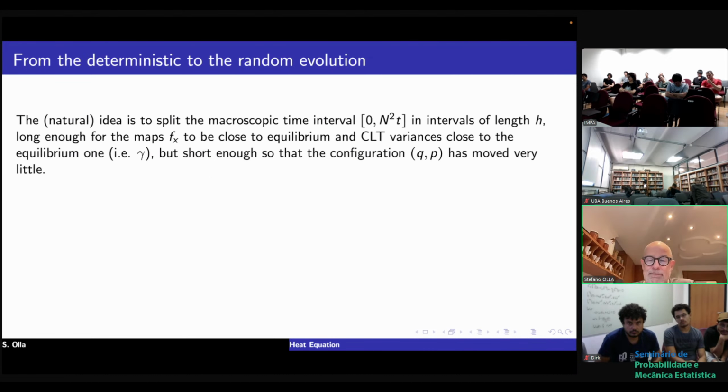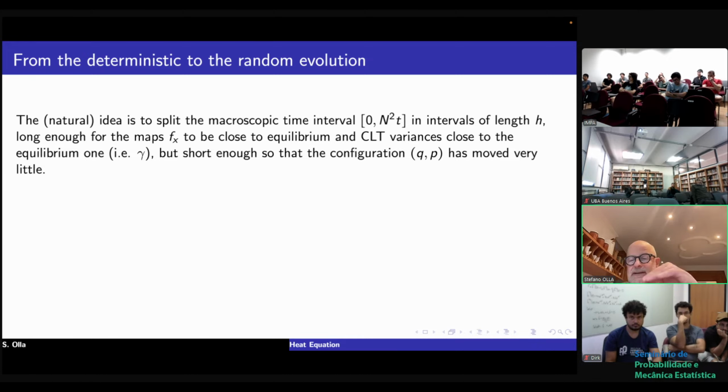The natural idea here is to split the macroscopic time interval, this is 0 to n²t, and divide it into time intervals of length h. h should be big enough so that the map brings you close to the equilibrium distribution, and so the SLT variances are close to the equilibrium ones, which are these gammas that we wrote before. But this h should be short enough that the configuration of the particles, q, p, moves very, very little.